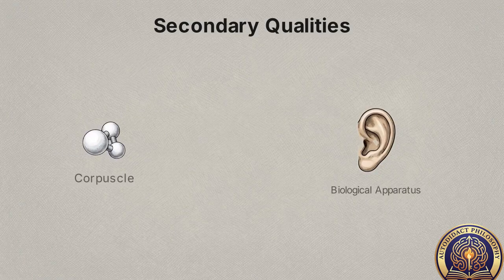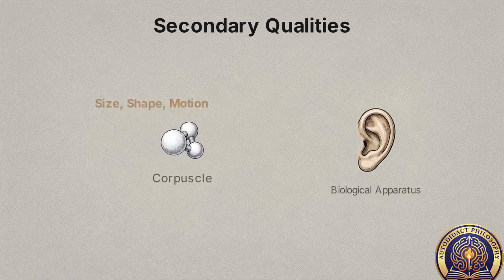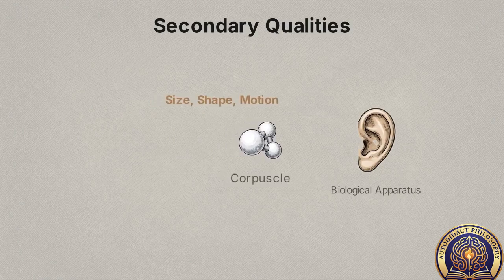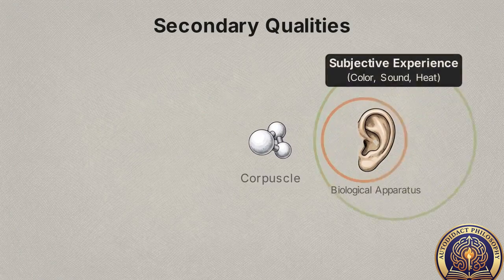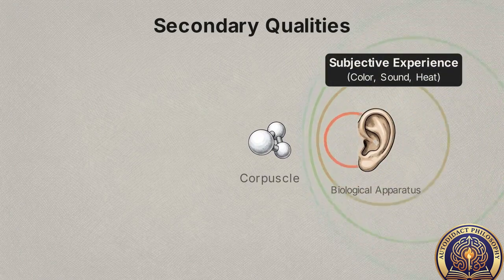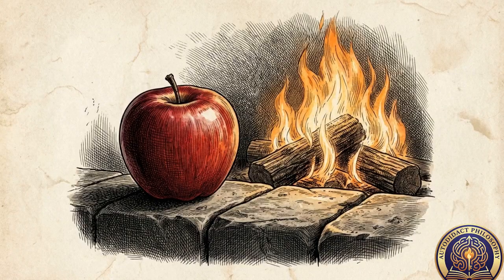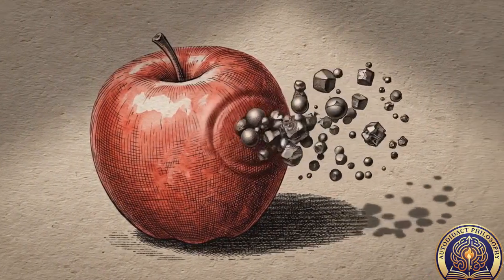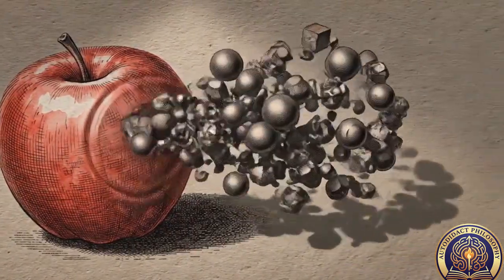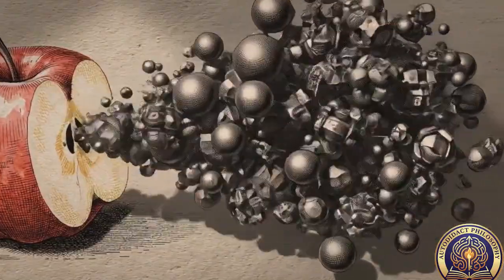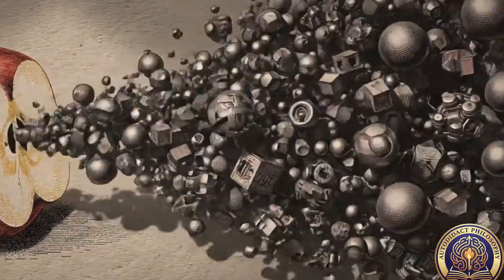These qualities are merely the byproduct of invisible corpuscles, possessing only size, shape, and motion, colliding with the highly specific biological apparatus of human sense organs. When you perceive the redness of an apple or the heat of a fire, you are experiencing a subjective hallucination. The physical object contains only moving atoms. Your biology translates that mechanical impact into an experience of temperature or hue.